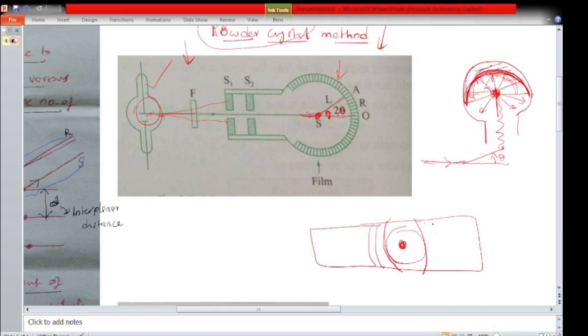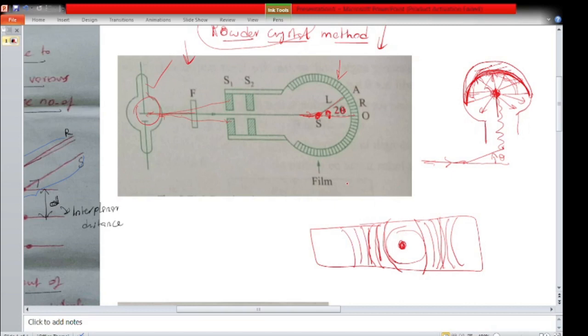You can get this figure; there are many other sources available, you can check that. On this side we will have something different, a little narrower as compared to the first one. So this kind of pattern we will get, and from that we can find out the value of d.